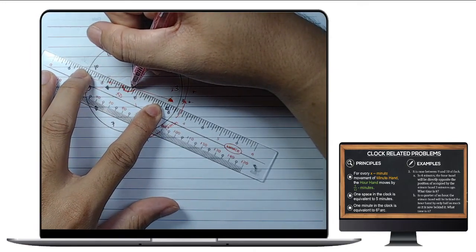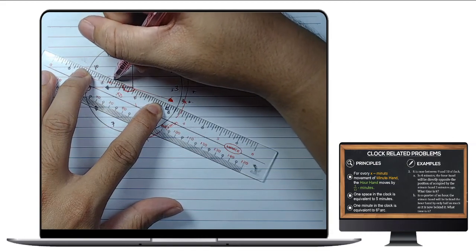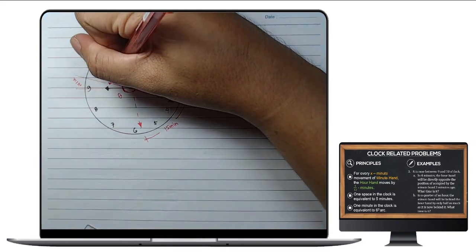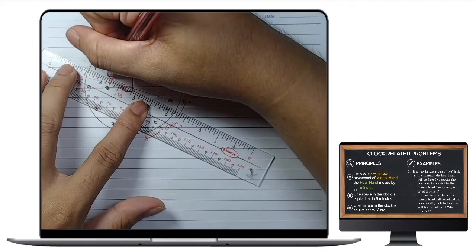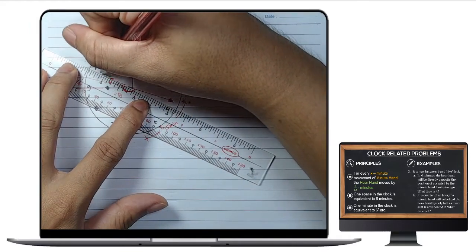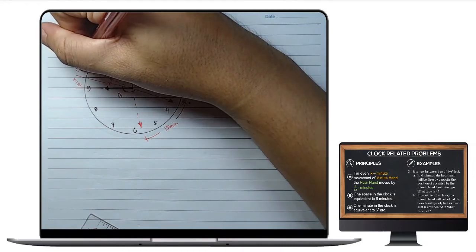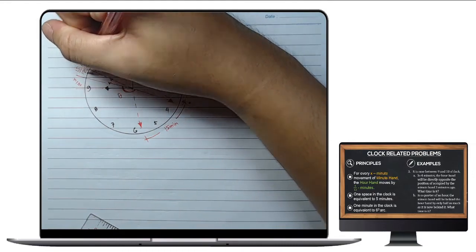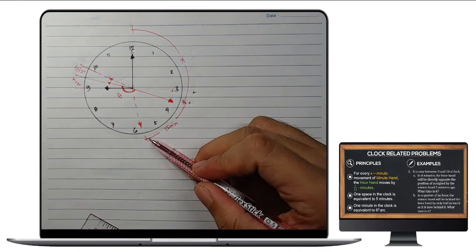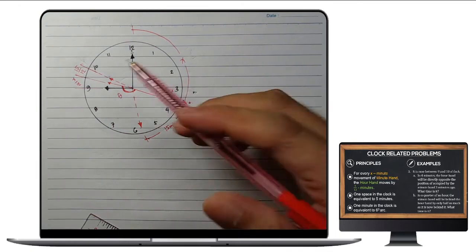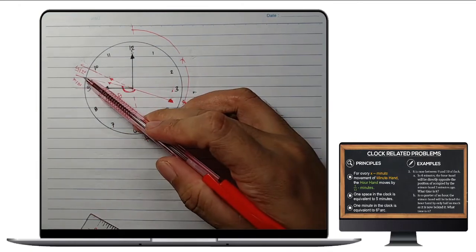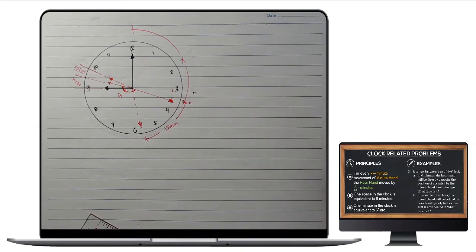So let's say the hour hand is now at this point. Okay, so this portion is 15 over 12, because after the minute hand moves 15 minutes, the hour hand will move 15 over 12.